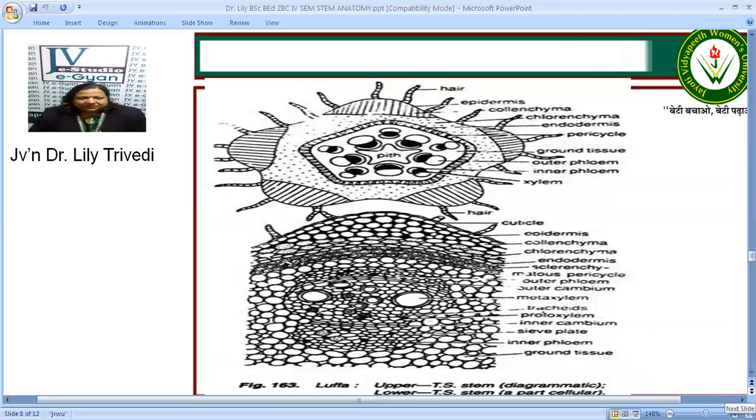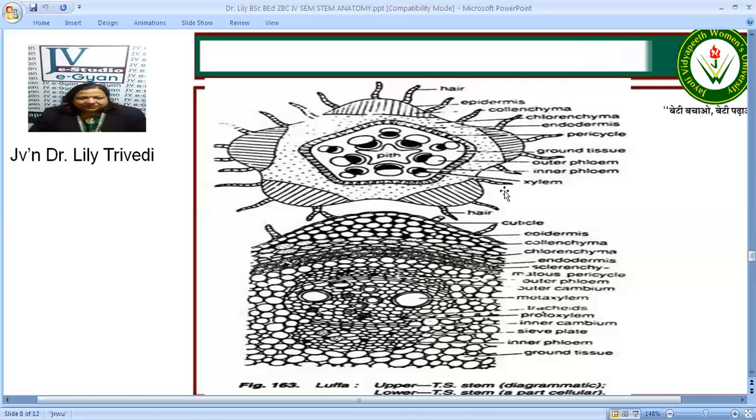Now that was the monocot stem. Now we come to the dicot stem. For example, we are taking the dicot stem Luffa. As you can see, there is a great difference between monocot and dicot. Over here we have epidermal hairs. Collenchyma is present in patches in the upper ridge portion.